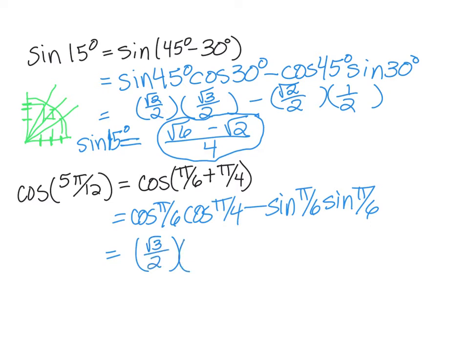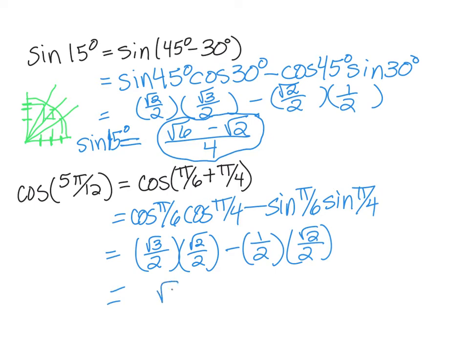Cosine of a 45 is root 2 over 2. Minus sine of a 30 is 1/2. And I wrote down the wrong angle here. Sorry. That was a 4. Root 2 over 2 for the 45s. Multiply it out. Root 6 over 4 minus root 2 over 4.